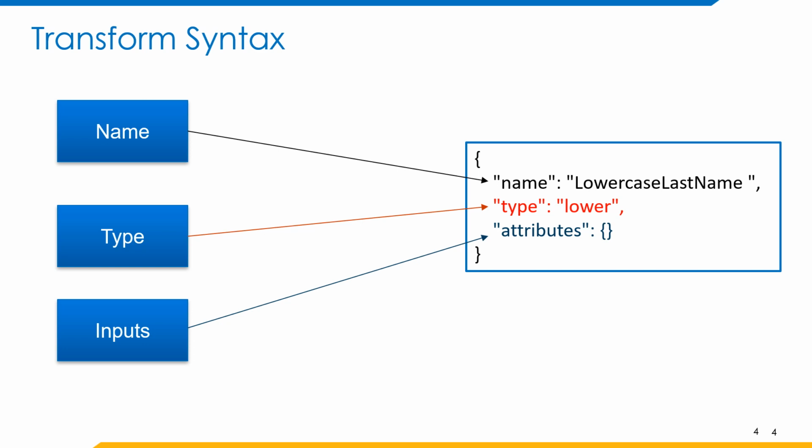For name, we can take any object that will be reflected in your identity profile. For type, we can put the transforms according to your requirement. For inputs, the developer can decide whether we want to take the value from an identity attribute or an account attribute. In the next slide, we are discussing the input types.